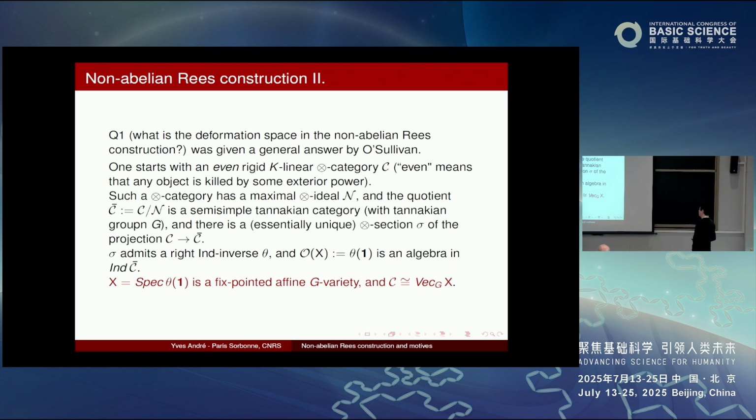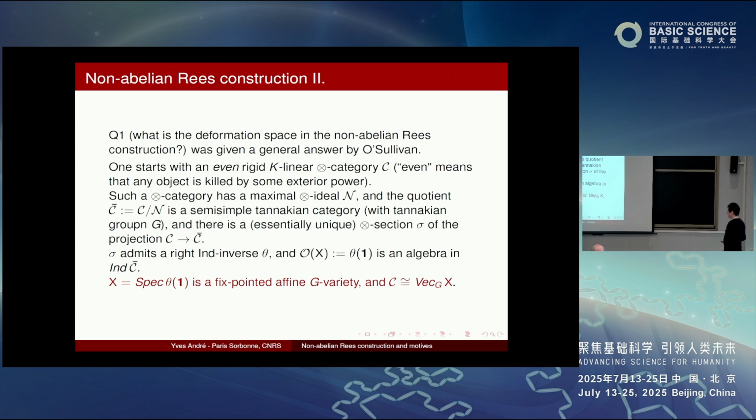And if one denotes by O of x the image by theta of the unit object of the category C bar, then this is an algebra in Ind C. So one can consider the space X, which is Spec of theta of 1, and this is a fixed pointed affine G variety.